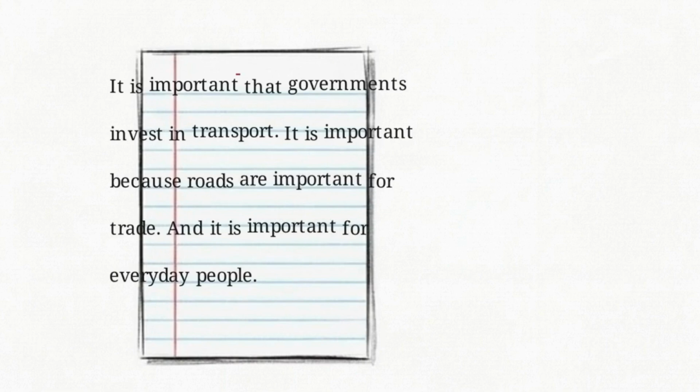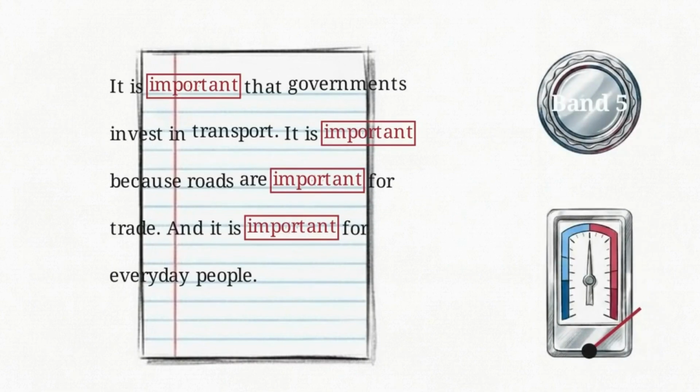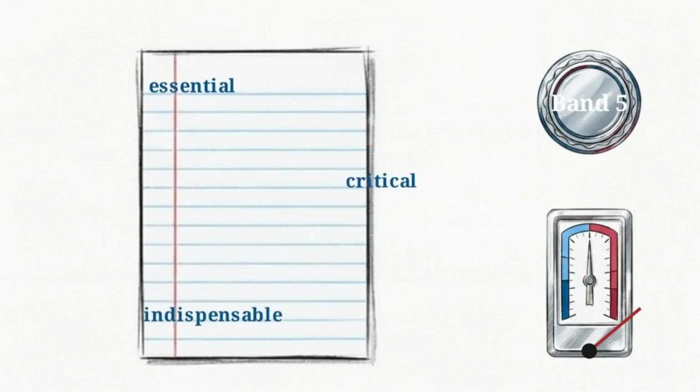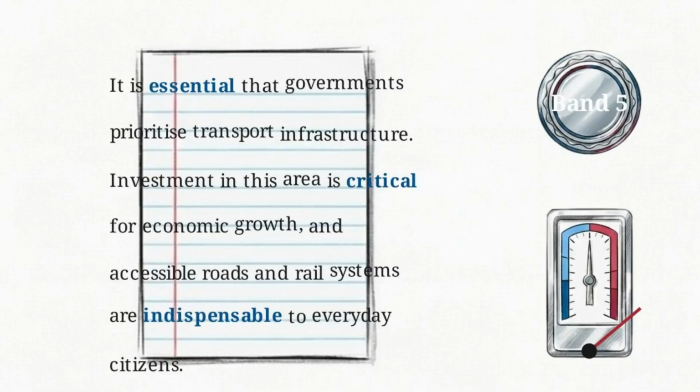Repeating the same basic descriptive words signals a limited vocabulary to the examiner. Leaning on the word "important" 4 times in 3 sentences guarantees a low lexical resource score, no matter how accurate the surrounding grammar is. To fix this, expand your word families and learn natural collocations instead of just memorizing synonym lists.